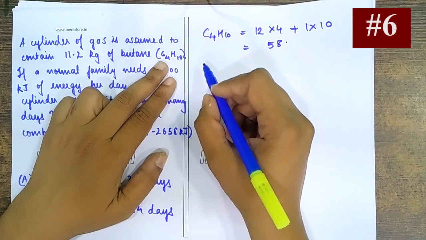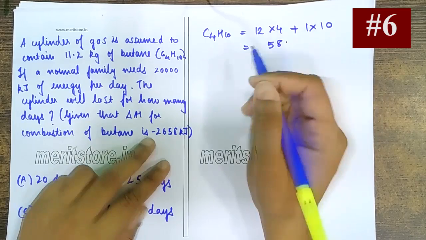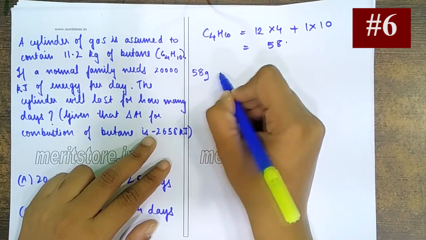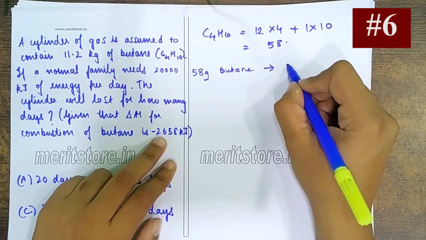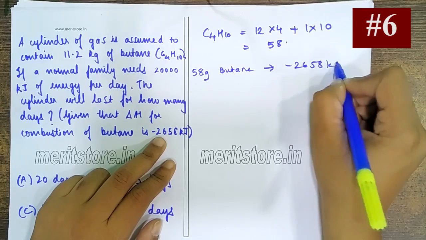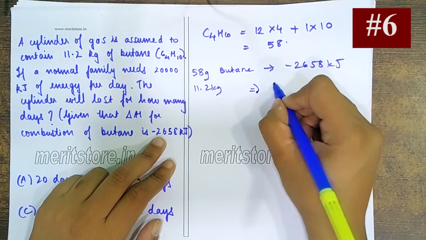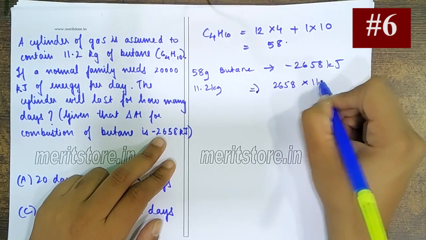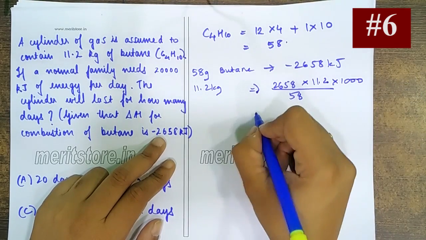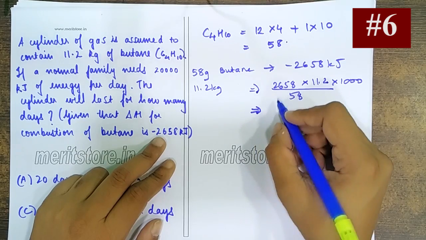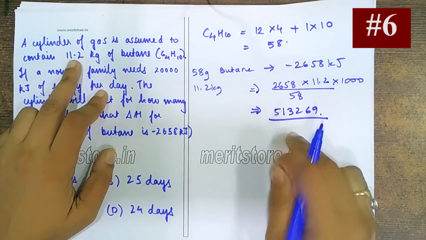Now for 11.2 kg, how much heat of combustion will be released? We know that 58 grams of butane gives out energy of minus 2658 kilojoule. So 11.2 kg will correspond to 2658 multiplied by 11.2 divided by 58, but 58 is in grams, so I'm multiplying this by 1000. That comes out to be around 513269.